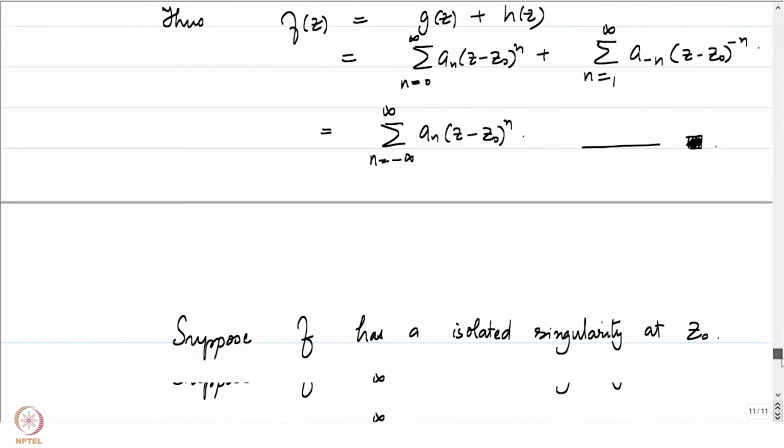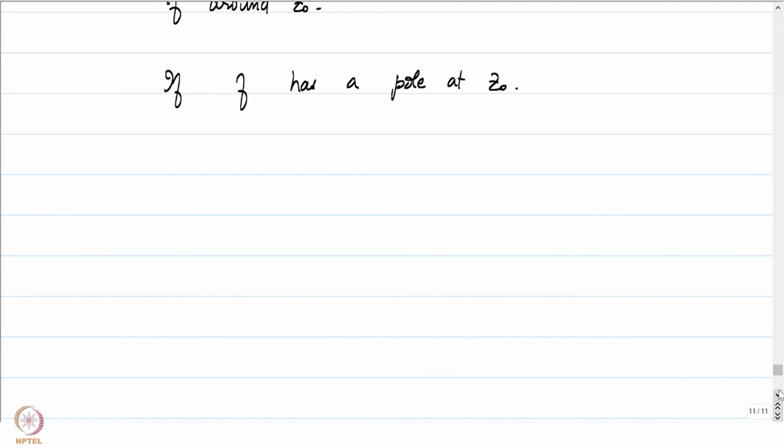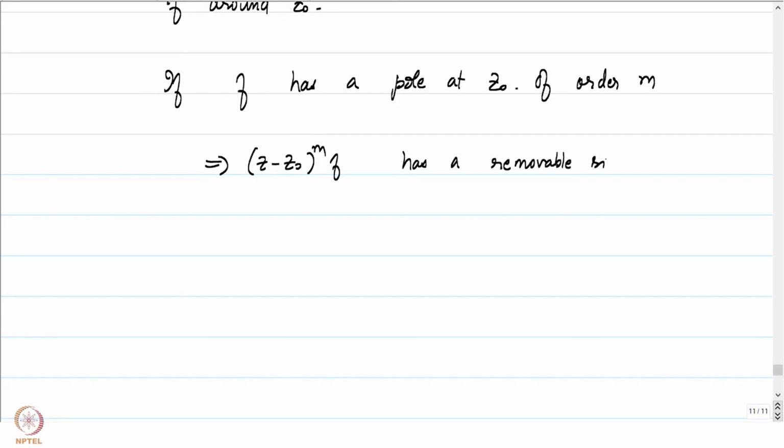Now let us see what happens when f has a pole. If f has a pole of order m at z0, then as was noted earlier, (z minus z0) to the power m times f has a removable singularity at z0.